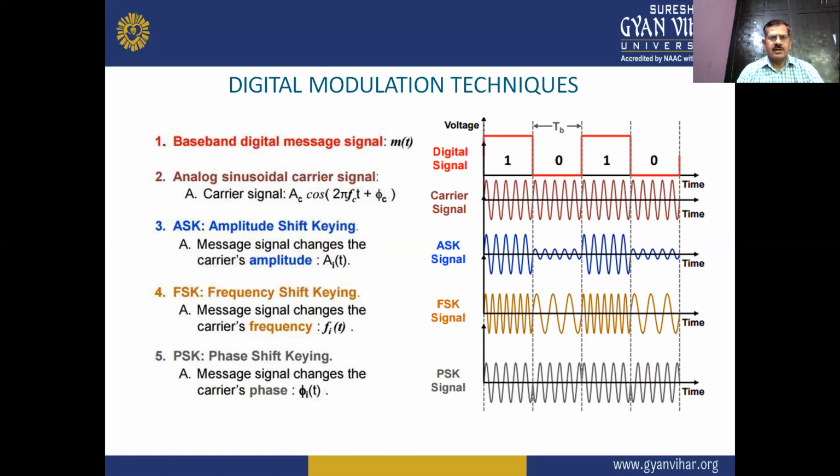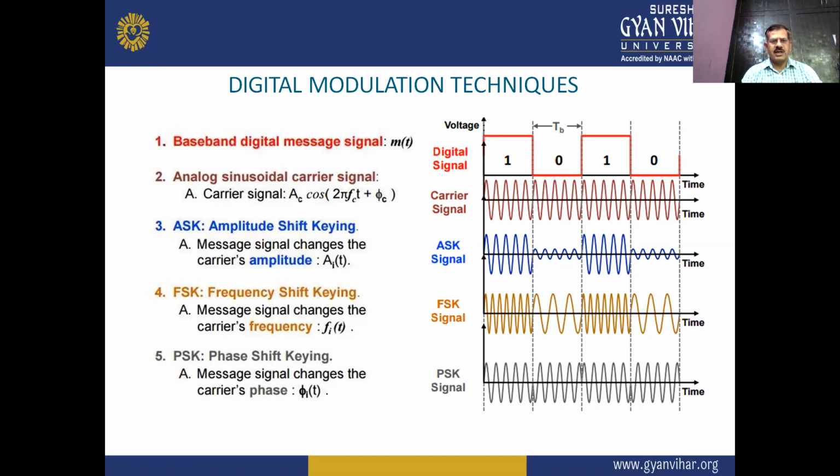The third one is ASK, amplitude shift keying. A message signal changes the carrier amplitude in an ASK system. In this waveform diagram, the amplitude is changed with time. The fourth one is FSK, frequency shift keying.